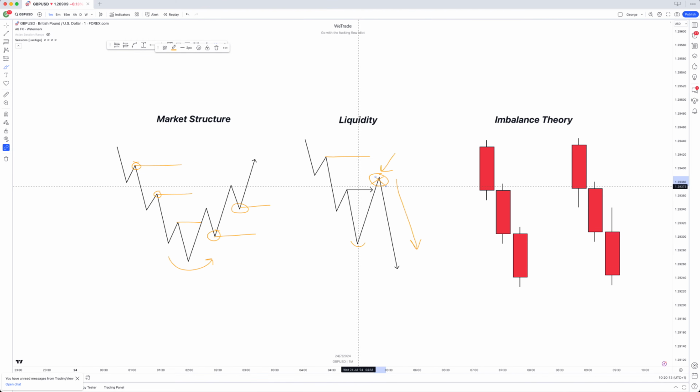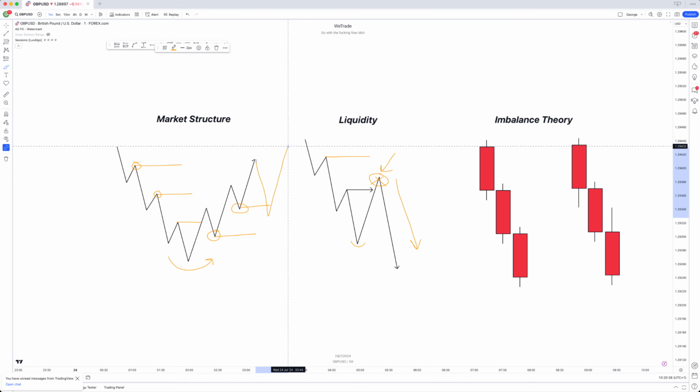So the type of moves that we want to be looking to trade are a run on liquidity, market structure changes direction, and then we can look to trade away from that liquidity sweep, right? So one of the key things you always want to do is trade away from that liquidity sweep. So we're going to run to the upside, take liquidity, and run to the downside. Okay, for example, here, we might run to the downside, take liquidity, and run to the upside.